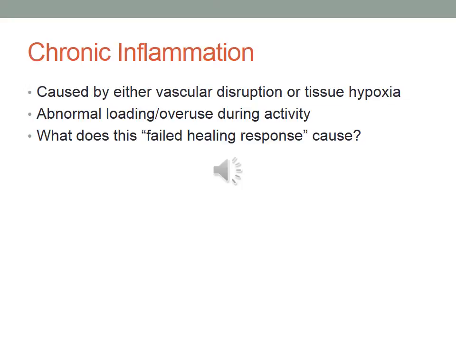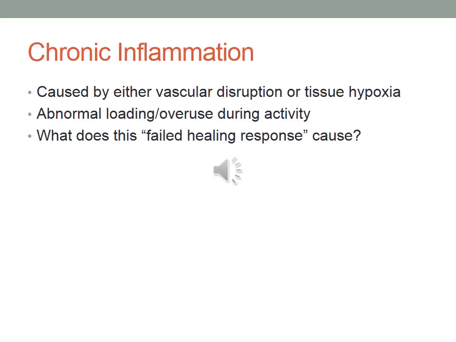Usually when you look at your more chronic based situations, you're usually looking at some type of issue with vascular disruption and tissue hypoxia. Basically, because of the overloading of the structure, and we commonly see this with a lot of tendon conditions, there is a disruption in the normal circulation and therefore the oxygen that's getting to the tissue. So it creates what's essentially a failed healing response.